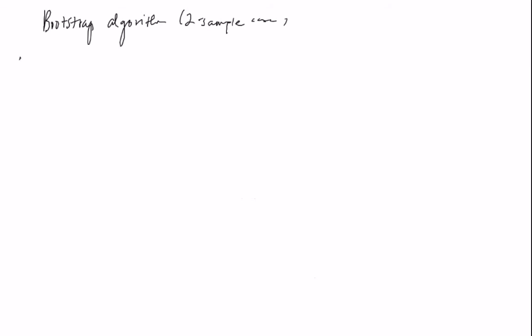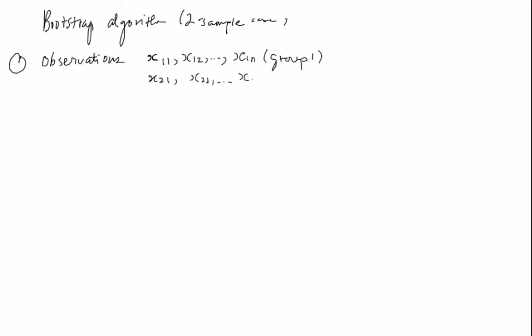So again, first part is you have observations X11, X12, until X1N. This one is from group 1, right? And then you have X21, X22, until X2M, right? So this is group 2.